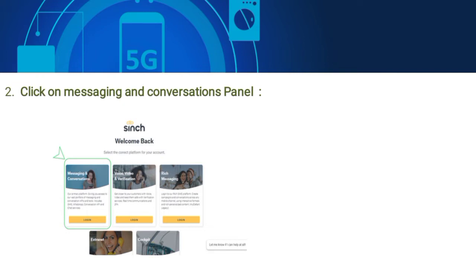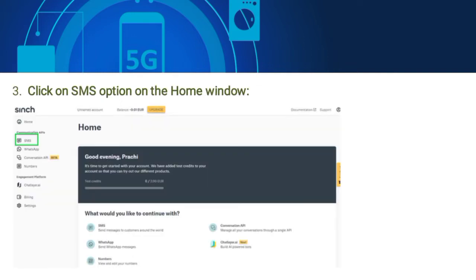After sign up, we'll get a text box with options: messages and conversation, voice, video and verification, rich messaging, and so on. We have to select the first option, messages and conversation. Thereafter we'll see an interface like SMS, WhatsApp, conversation, etc. These are the channels through which the message should be sent when we recognize a wrong person.